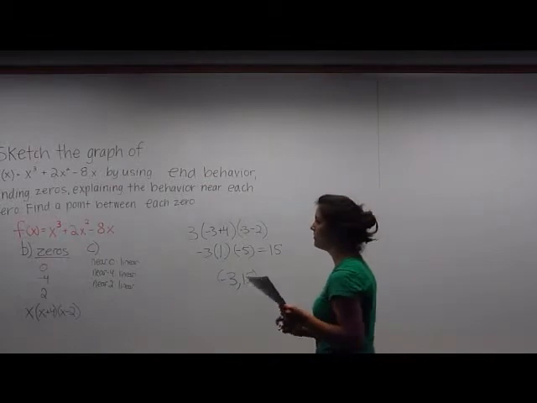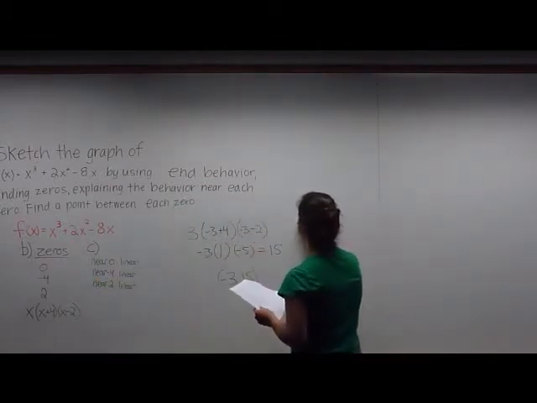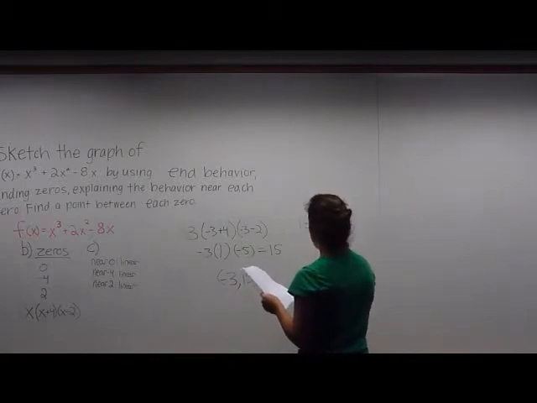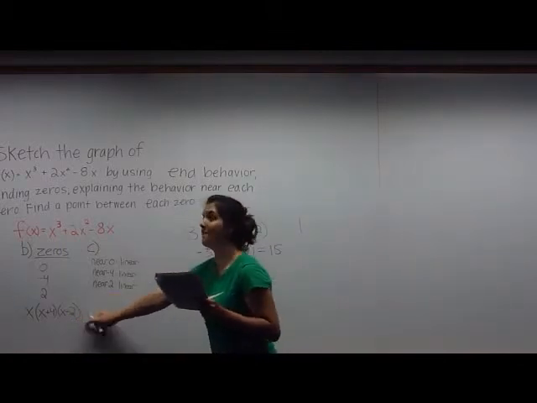Next we will find a point between negative 4 and 2. So let's pick the x value of 1. Where x is 1, you plug in 1 back into the factored form.